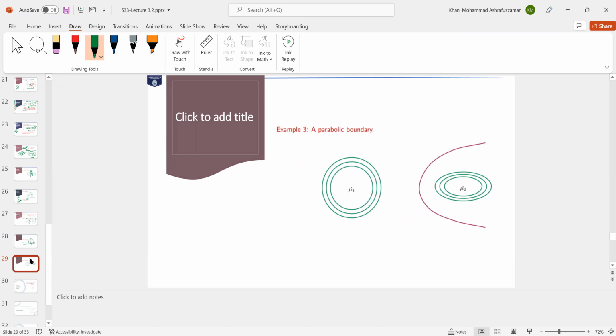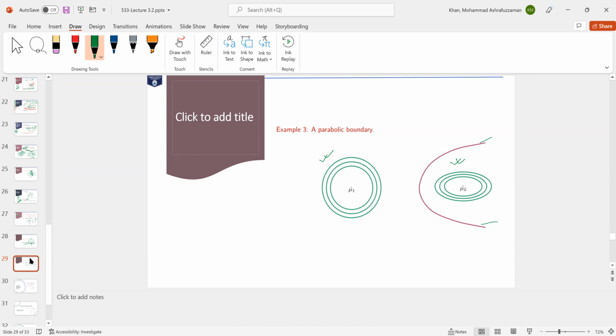Now the general case. To make the plot pretty, we did this, but this can be any irregularly shaped classes. So here one class comes from a spherical Gaussian, another one comes from a diagonal Gaussian, and in that case we normally get a decision boundary like this.